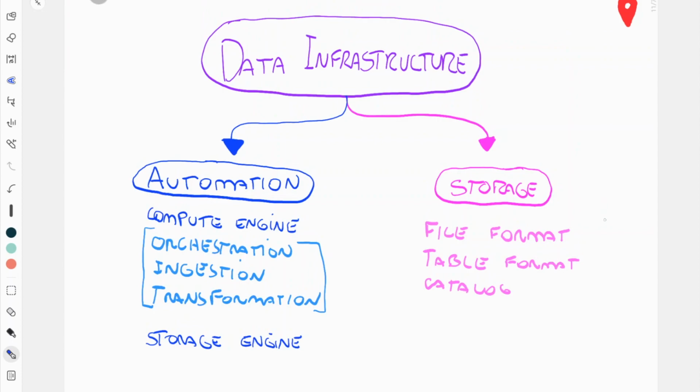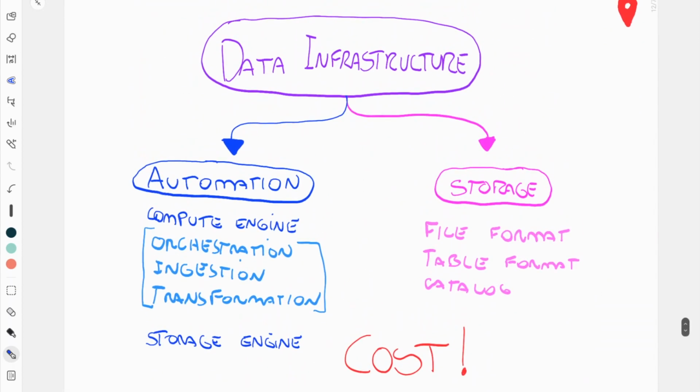And the storage part is basically the file format, the table format, and catalog. So this is the data itself, and this is what manipulates the data, right? If you look at a data platform, a data infrastructure, that's basically what it consists of, right?